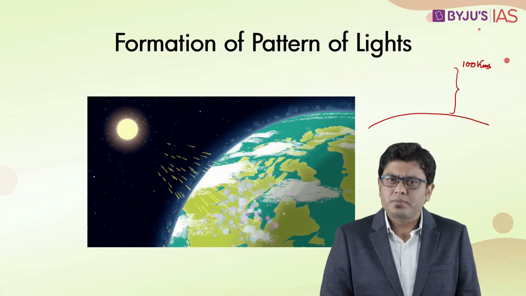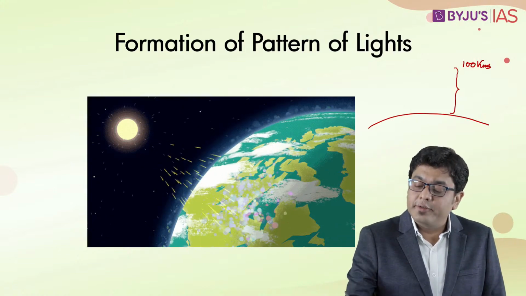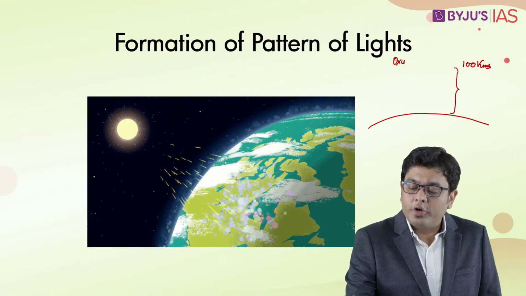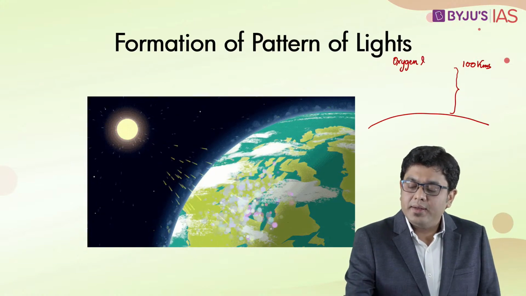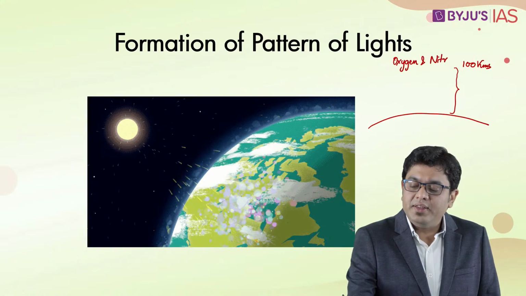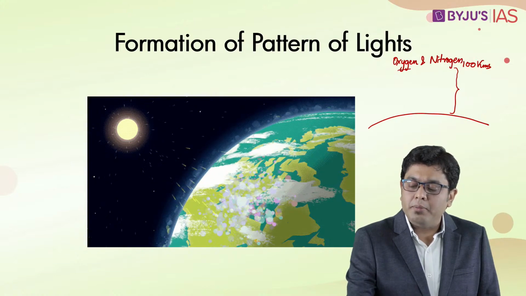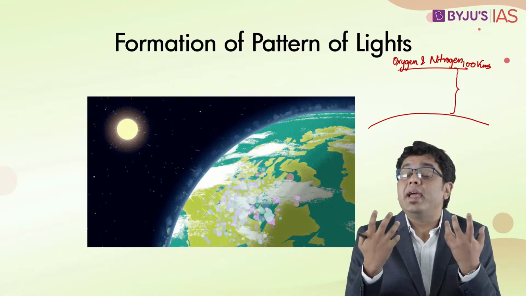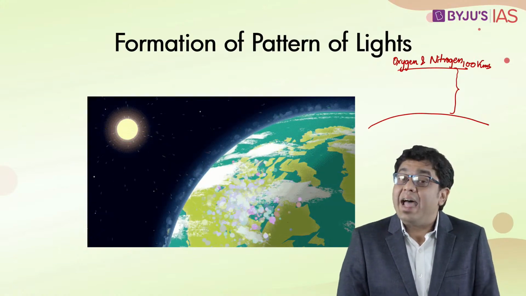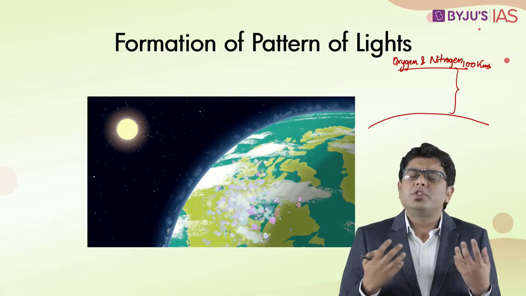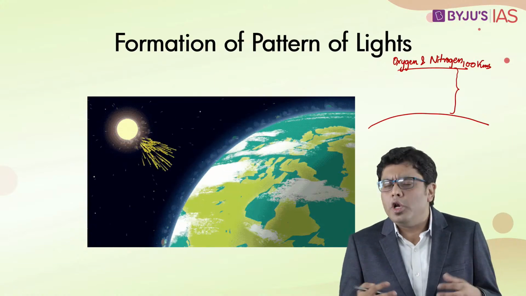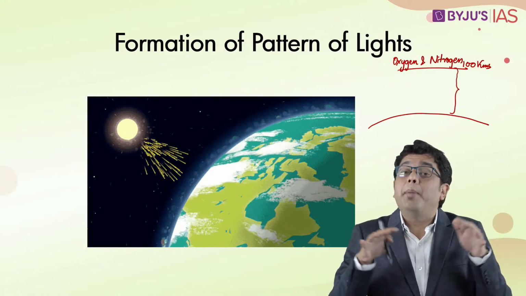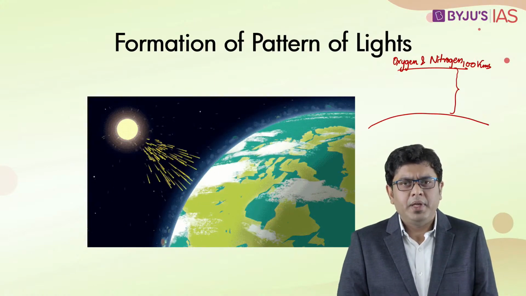But still, you will find the presence of gases such as oxygen and nitrogen in these upper layers of the atmosphere. Now, the presence of oxygen and nitrogen ends up providing a large number of atoms and molecules in these upper portions of the atmosphere.